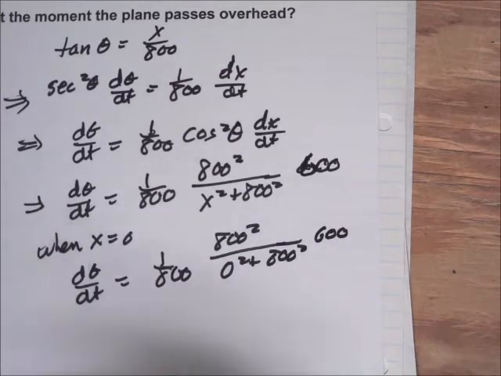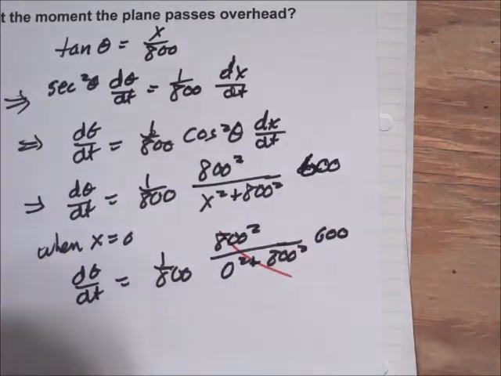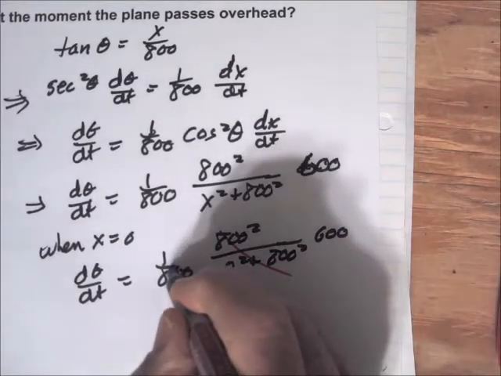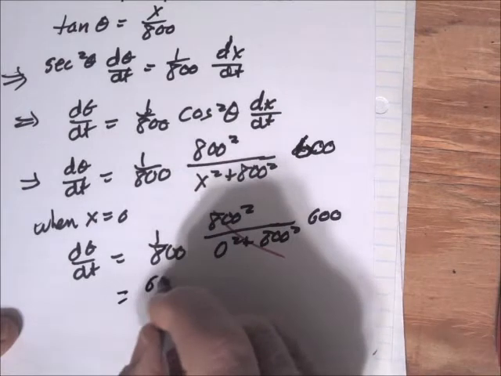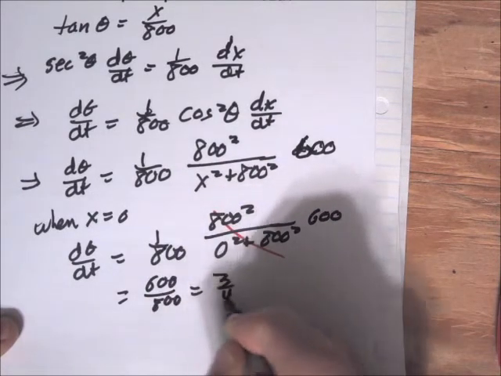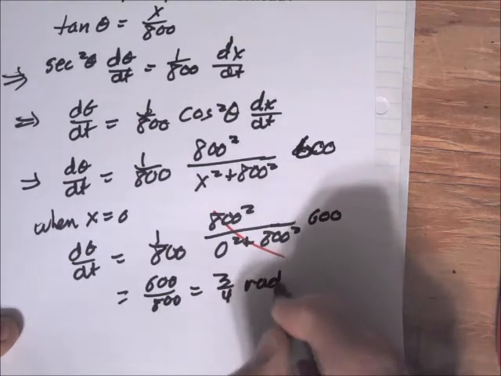This is just 1, 800 squared divided by 800 squared is 1. So we just have 600 over 800, which reduces to 3/4 radians per second.